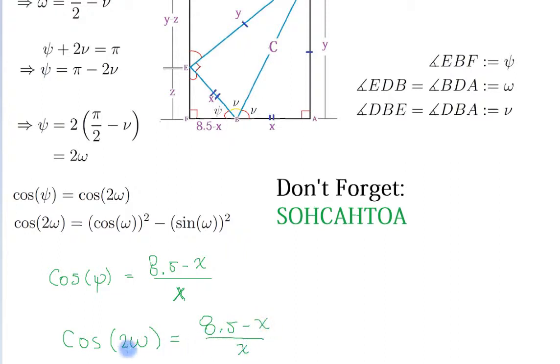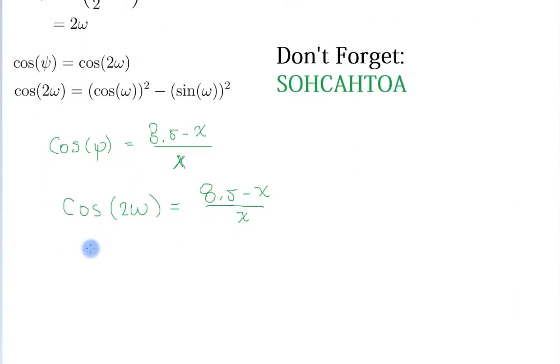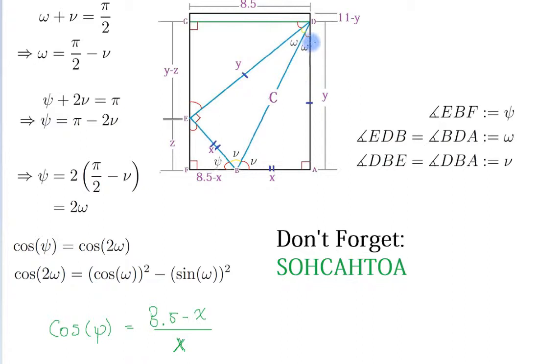But like I said, using the double angle formula, this implies that cosine omega squared minus sine omega squared equals this, 8.5 minus x over x. So we need to find cosine omega and sine omega. So omega is this angle right here.